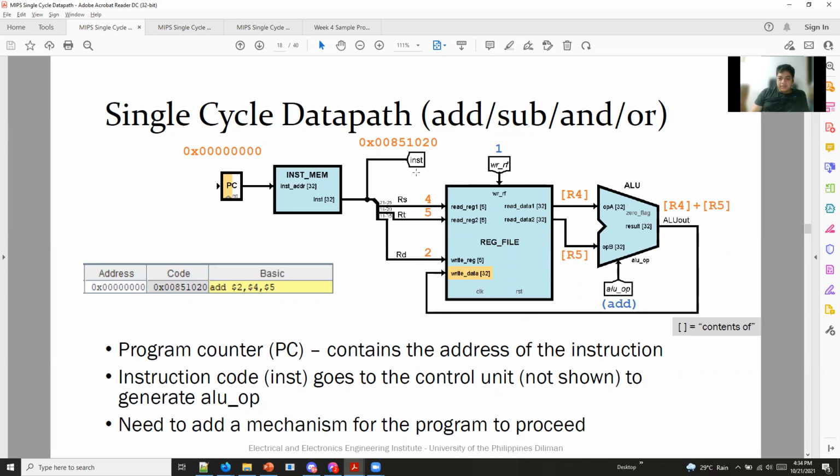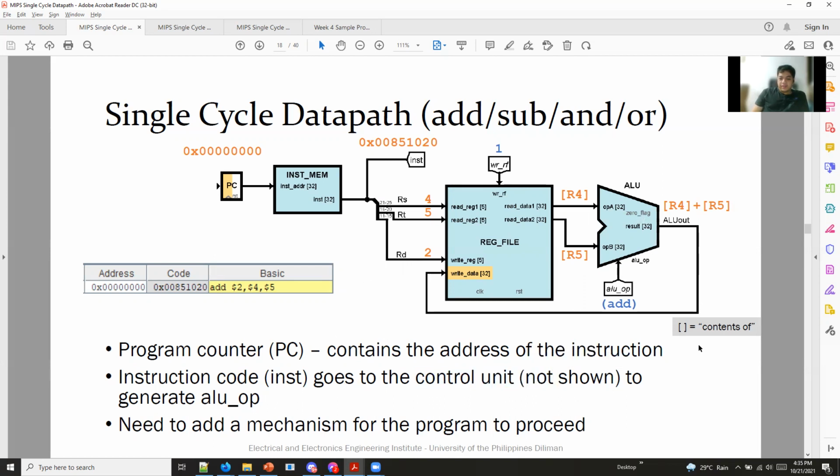And then itong write enable at saka yung ALU operation, lahat ng control signals na yan galing sa controller natin. Magbe-based yung laman ng mga yan depende doon sa pag-decode ng instruction. So parang merong part nung pag-decode na wala dito and nandun siya sa control unit.